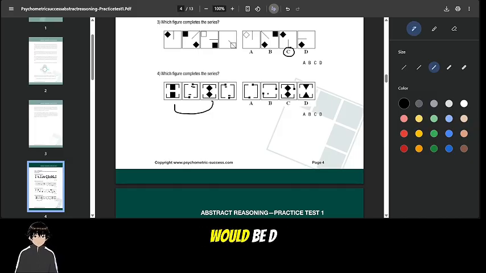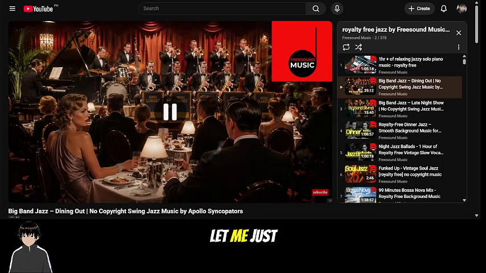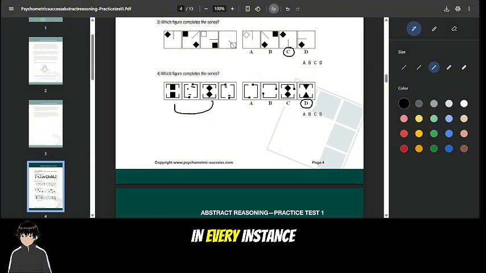I think the most logical one would be D, because in every instance, okay, let me just mute this. In every instance, there's no little boxes. Whenever there's big black shapes here, there's no little boxes there, so this cancels out. It seems to follow a structured pattern.